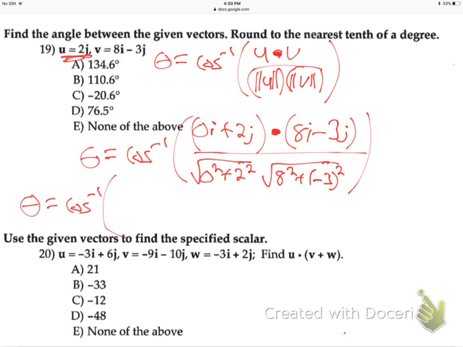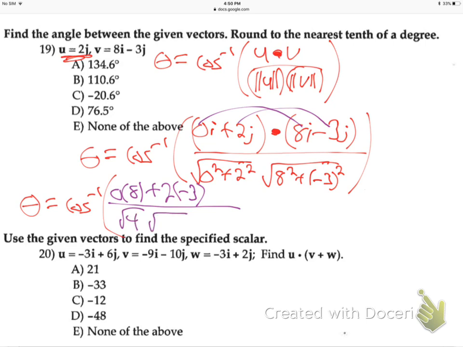On the top, the dot product is 0 times 8 plus 2 times negative 3. On the bottom, the square root of 4 times the square root of 64 plus 9, that's 73.